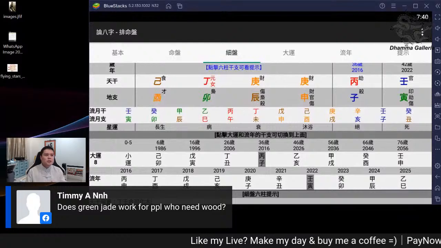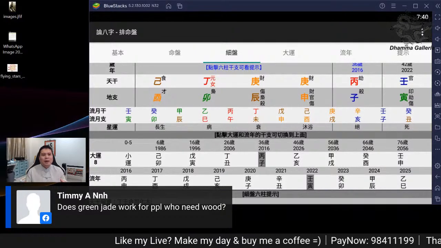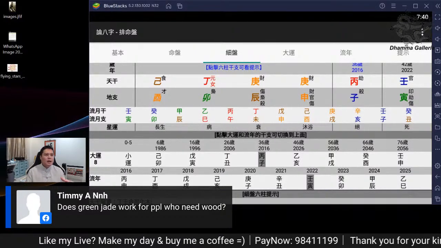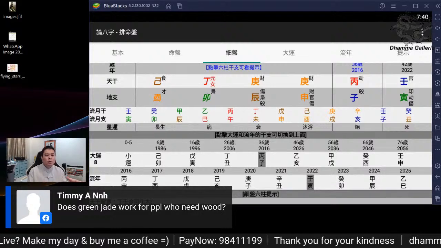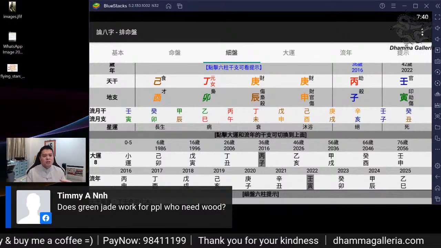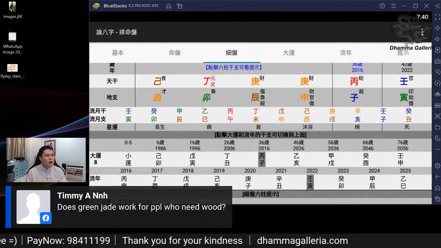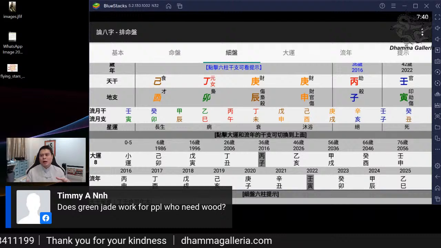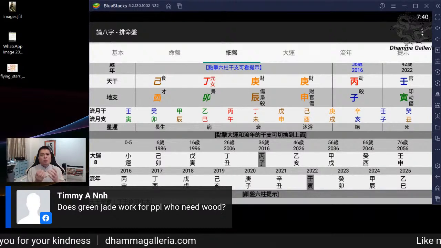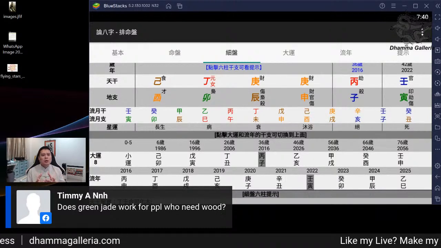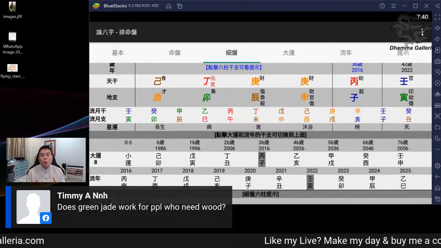But of course, all these shops now online say if you have this color stone, you'll be able to boost your water elemental energy. You have red stone or blue stone, you'll be able to boost your water energy. But the basic element within that feng shui item is earth, is stone.